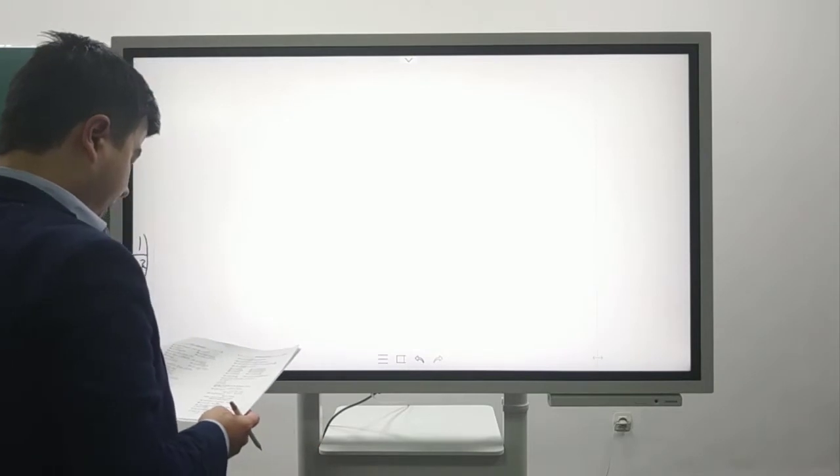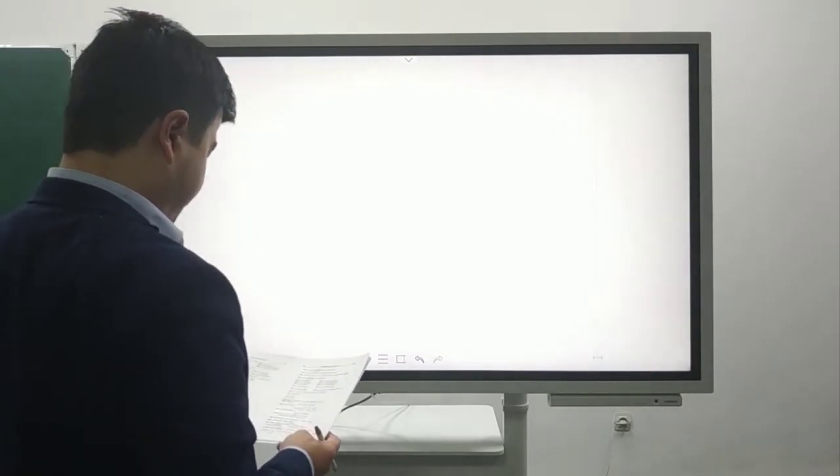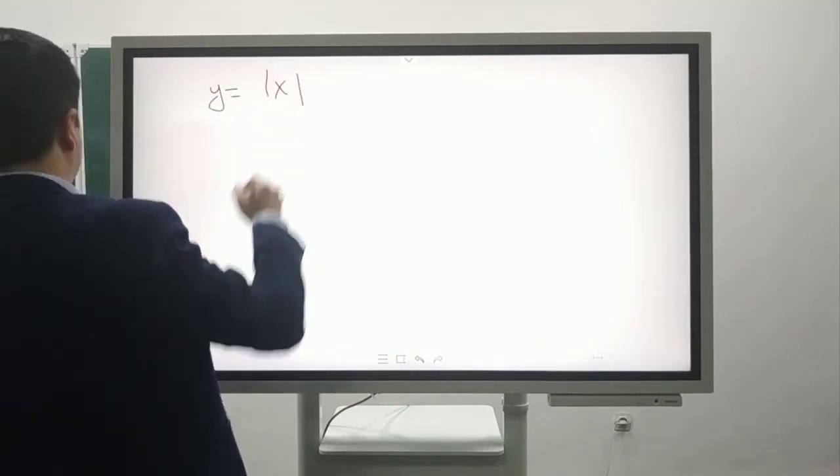Let's consider the next example. We will do this one: y is the absolute value of x.